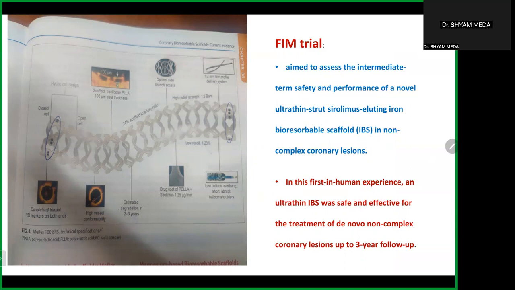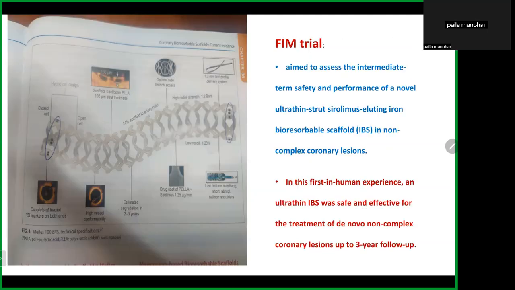In Meril's last column, Meril's stent is made up of PLLA. But in this trial, it's showing it's made up of iron. They said in the FIM trial they did an ultra-thin strut sirolimus-eluting iron stent.